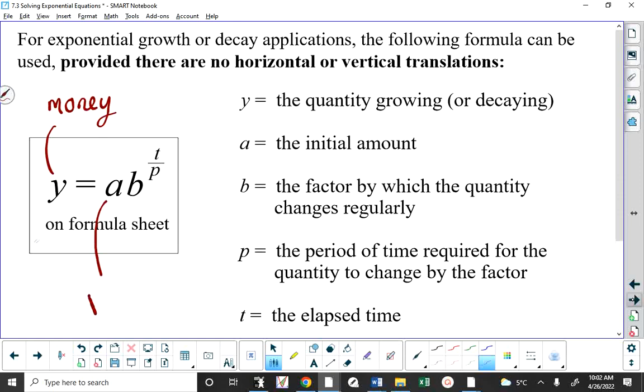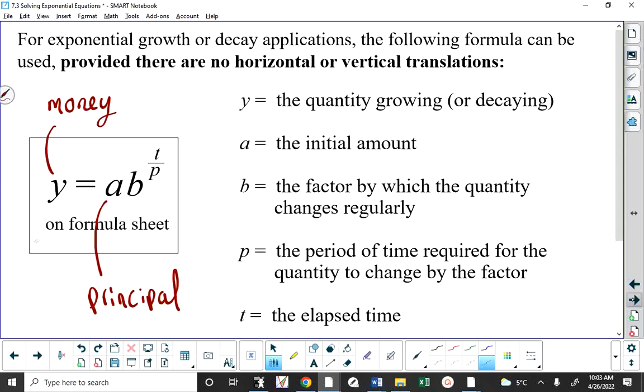And you might want to put the word here, principal. There's two spellings of principal. I think it's this one for money, but I could be mistaken. And what principal means is the initial amount of money that you put into the account.